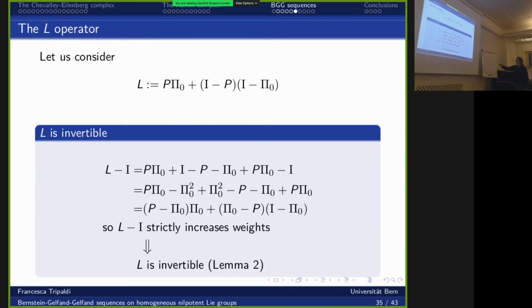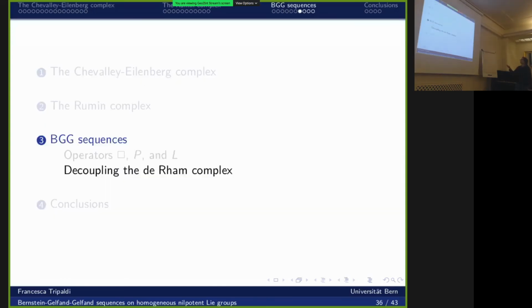Oh, you can use the lemma. Yeah, you also have the lemma. So I have this L. It's P. The only thing that I can mention maybe is that you have almost two projections, one after the other, because P kind of is an extension of pi 0 somehow.